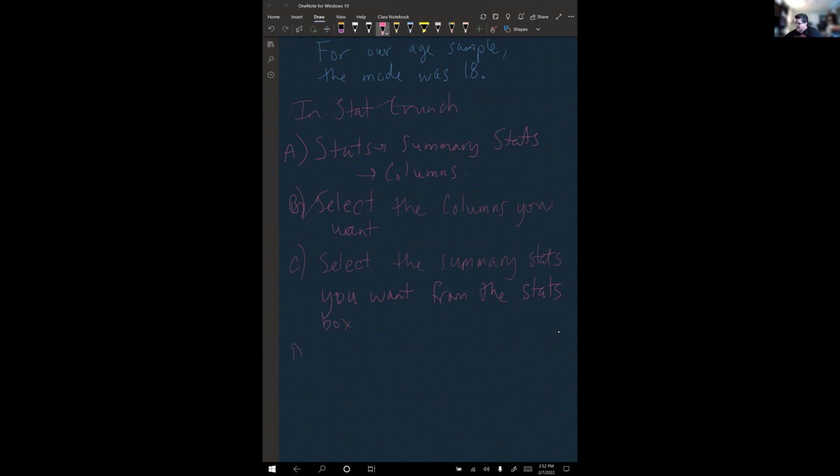And then D, hit compute. Compute button. I would say at the bottom, but I've seen people using it on their phone and it computes at the top. I really don't recommend using this on a phone if you can avoid it.